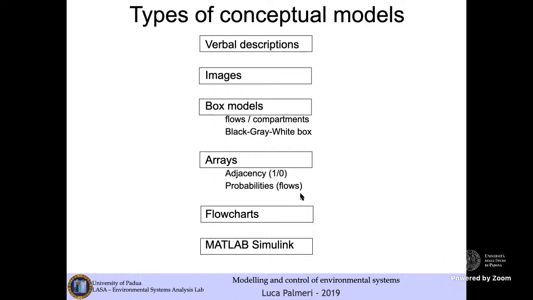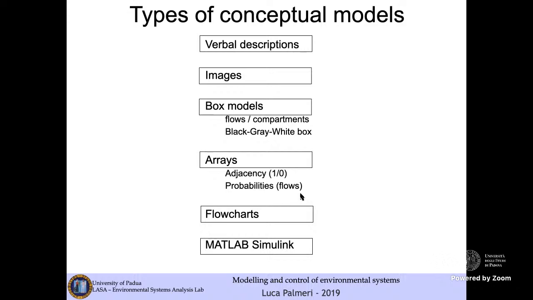Then typically I may employ images. I go to a blackboard and start drawing boxes, for example identifying the state variables. State variables in this case may be, for example, nutrient loads. These are more than state variables, they are forcing functions. And I should also include chlorophyll A concentration.